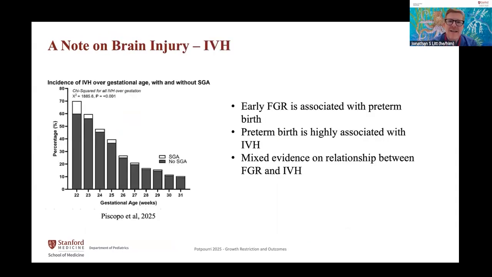Next, I'd like to highlight the brain, because that's another area of concern that we have for infants who are born small for gestational age or after fetal growth restriction. We know that early growth restriction is associated with preterm birth, and preterm birth is highly associated with IVH, of course. But there's really mixed evidence on the relationship between fetal growth restriction and intraventricular hemorrhage.